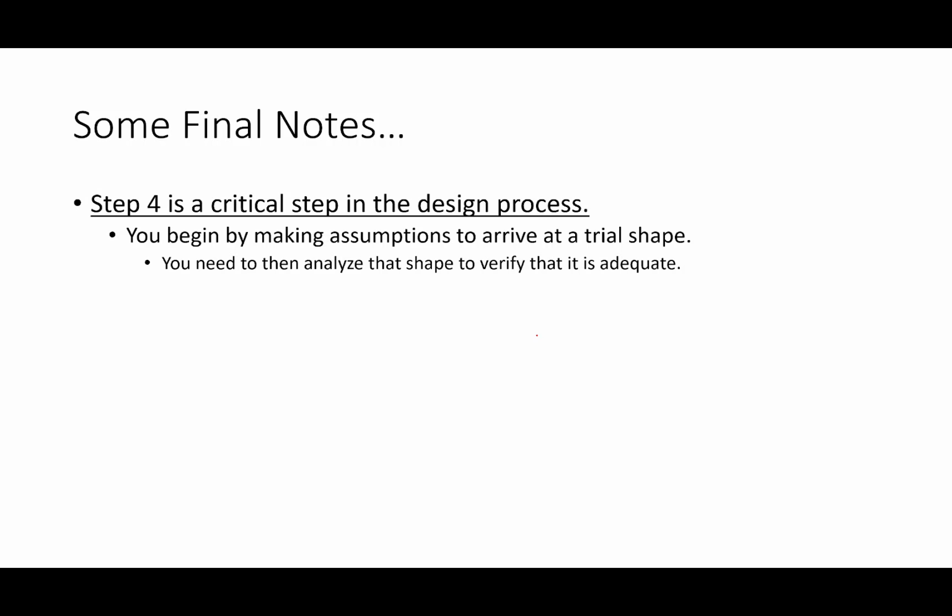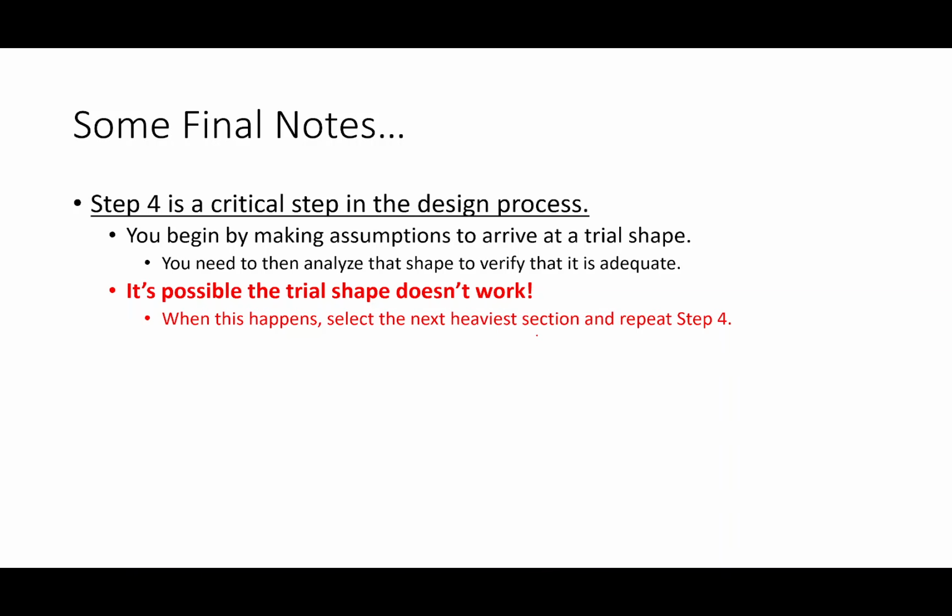Before we get into design, I have a couple notes I want to throw at you, okay? First off, step 4 is very important, okay? Again, you need to keep in mind that the shape you pick is a trial shape. We don't know whether or not that shape's going to work. In fact, it is possible that you select a shape and then you check that shape and it doesn't work.